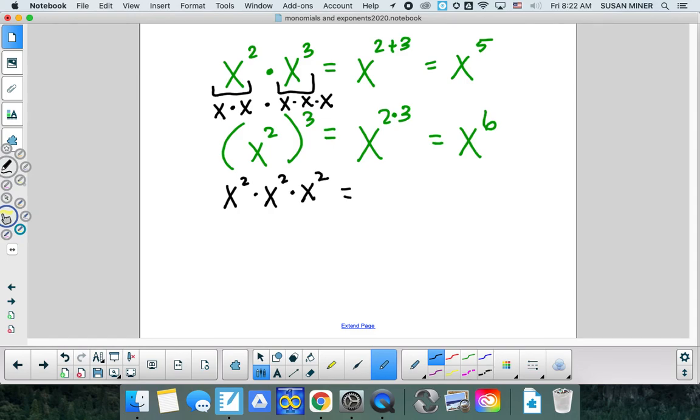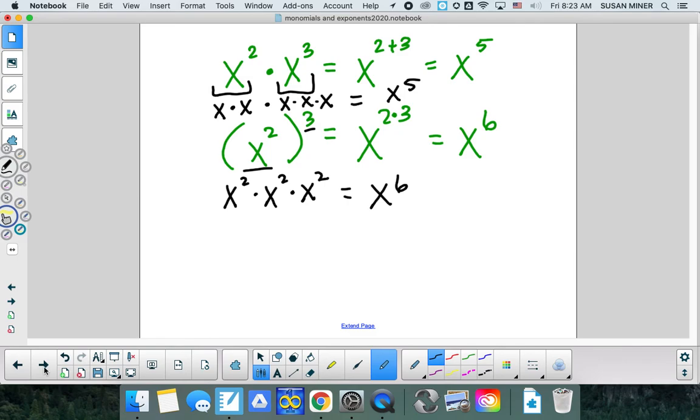And so there's the difference between what is happening with just plain multiplication and what is happening when I am turning that x squared into its own base by raising it to another power. So hopefully you can see the difference between what is happening there.